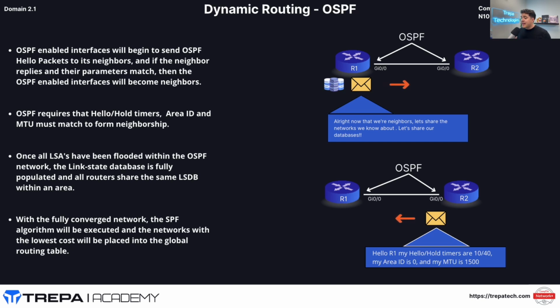Now, once we have that and our network is what's called fully converged, OSPF is going to execute the shortest path first algorithm. That algorithm uses a bandwidth-based metric. And the best paths based off that SPF algorithm, executing on our topology table in our link state database, are going to be selected to put into the global routing table.